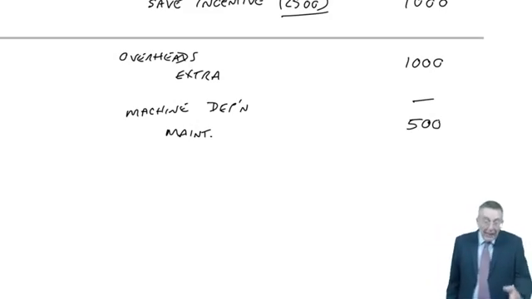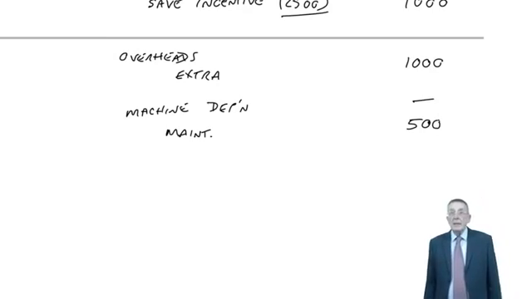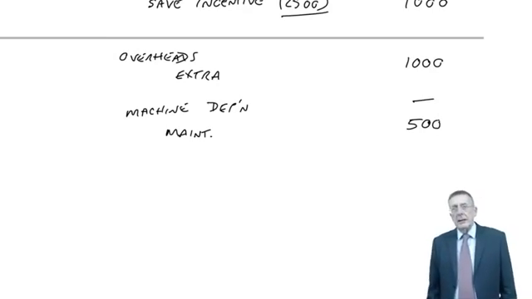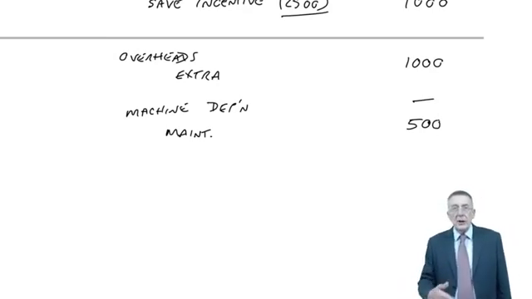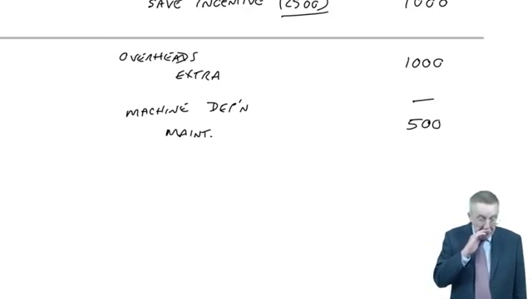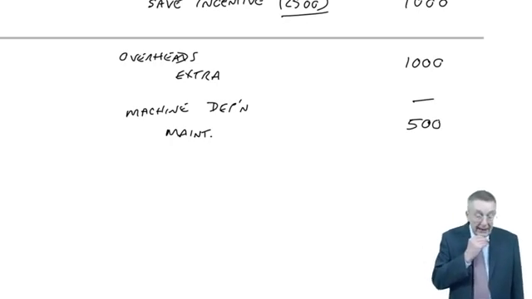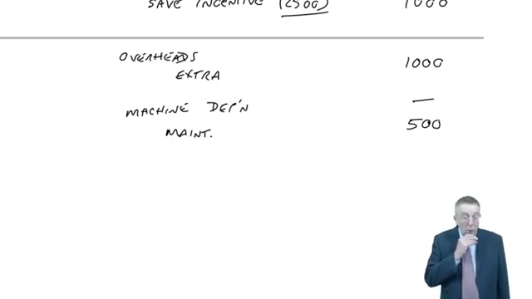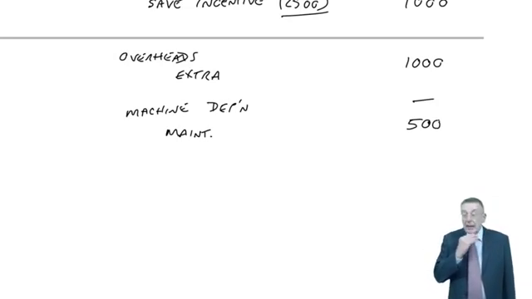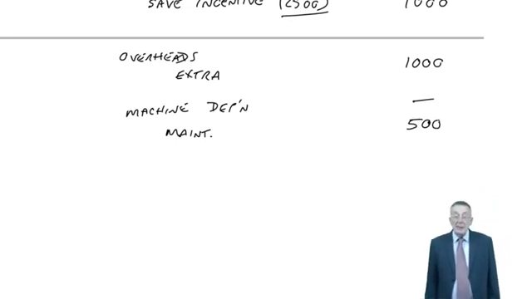Variable overheads like electricity, I think it makes sense that if you work more hours, you've got more cost. It's estimated that 6,000 hours will be needed for the special order. Fine. I'll read the rest in a minute.